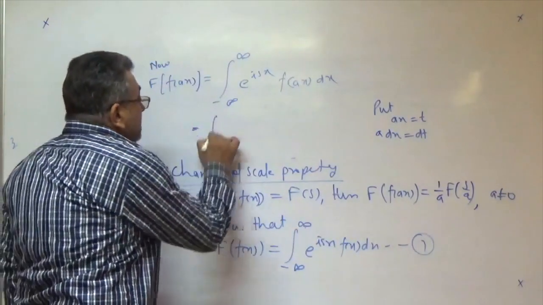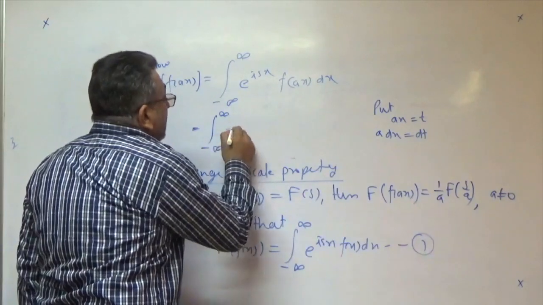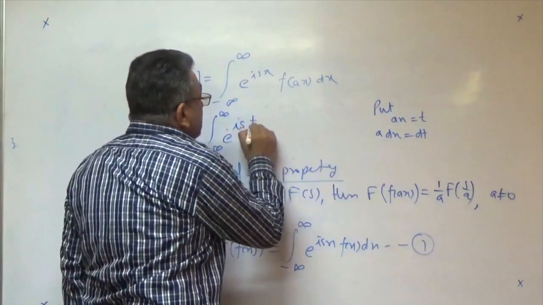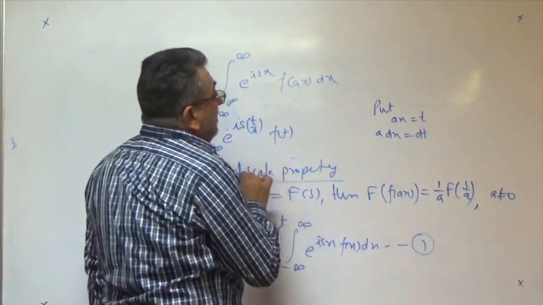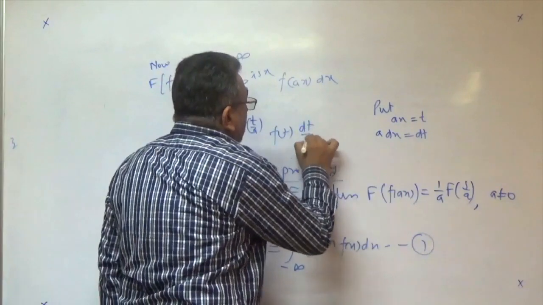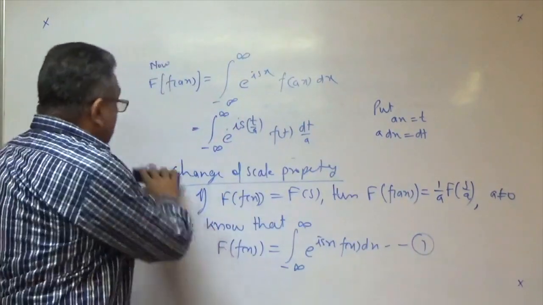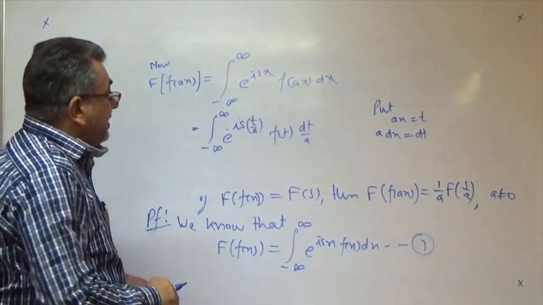So this is the integral from minus infinity to infinity of e to the power is, with x replaced by t upon a, f(t), and dx replaced by dt upon a. If you simplify this, you will get your required result.